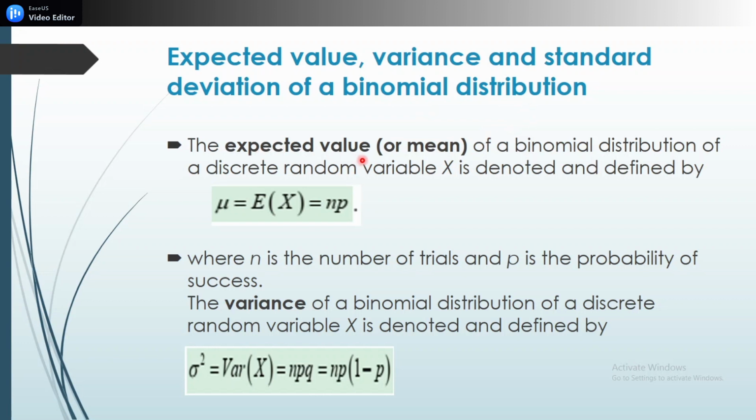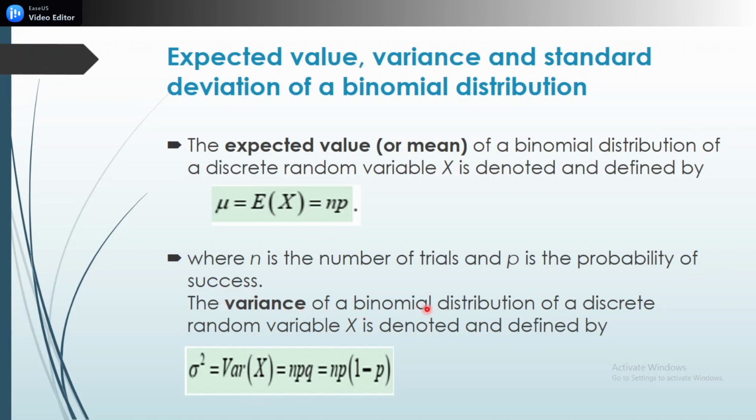For this case, the expected value or mean of a binomial distribution of a discrete random variable x is denoted and defined as mu is equal to E of x, which is equal to the number of trials times the probability of success, where N is the number of trials and P is the probability of success.